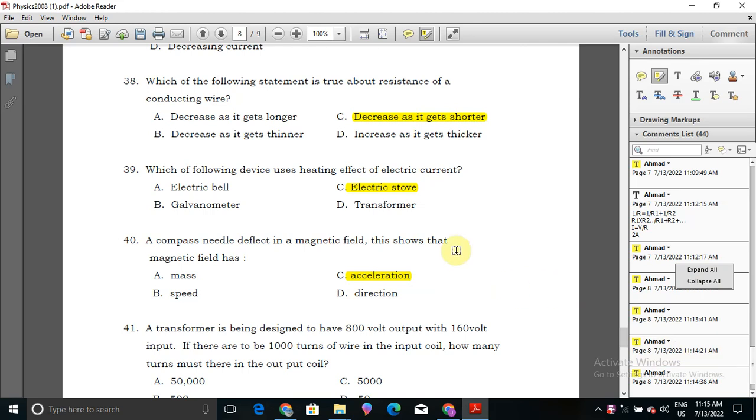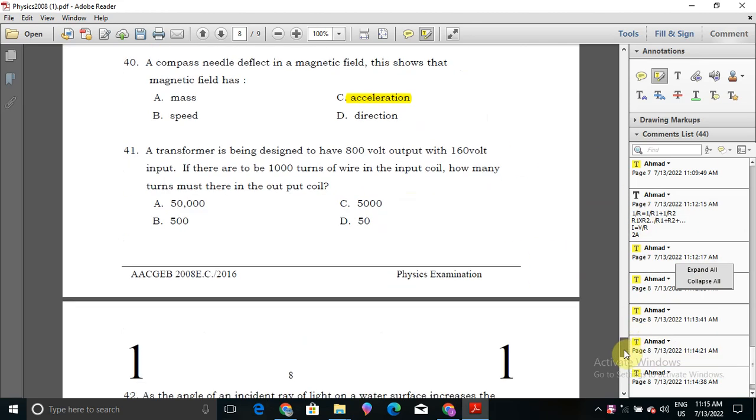Okay, now question number 41. It says a transformer is being designed to have 800 volt output with 160 volt input. If there are to be 1000 turns of wire in the input coil, how many turns must there be in the output coil?